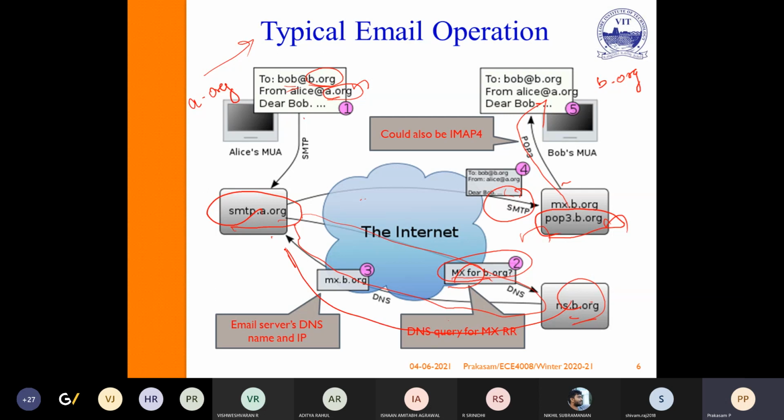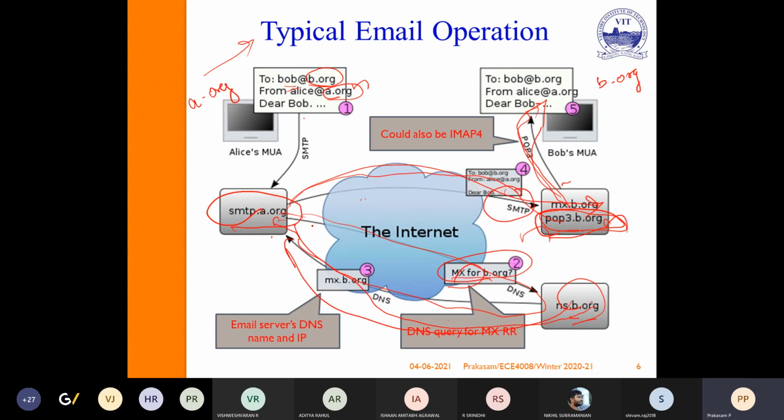Depending upon the respective IP address, it will connect to mx.b.org using POP. So from smtp.a.org, it will send a request message to b.org that we want to connect, we want to send a mail. Then it will respond to smtp.a.org, okay, this is the POP address, you can transmit. Depending upon the POP address, smtp.a.org will send the information to pop3.b.org. Then it will connect to the respective POP.